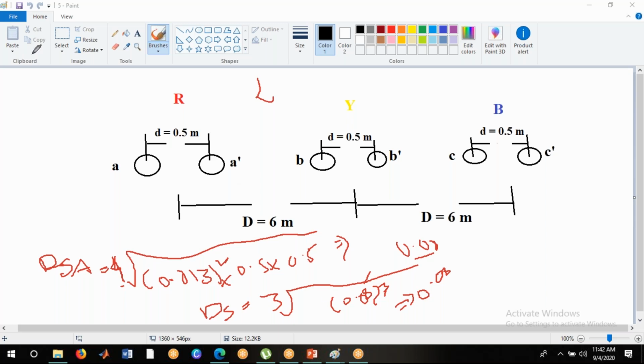So we have to substitute these values in the equation L equals 2 into 10 power minus 4 into ln of DM over DS, where DM is 7.54 and DS is 0.08.